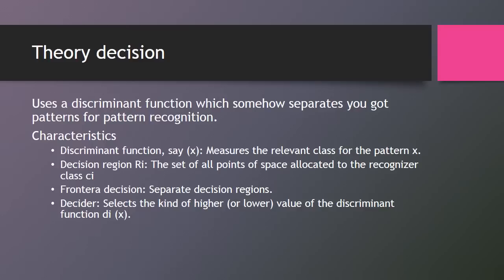We have some characteristics: the discriminant function that measures the relevance of the class for the pattern X; the decision region Ri, the set of all points of space assigned to the recognized class Ci; the decision boundary that separates decision regions; and the decider that selects the class with the higher or lower value of the discriminant function.